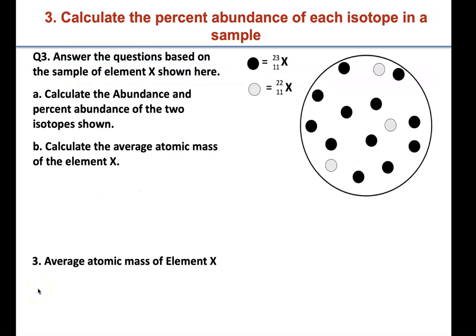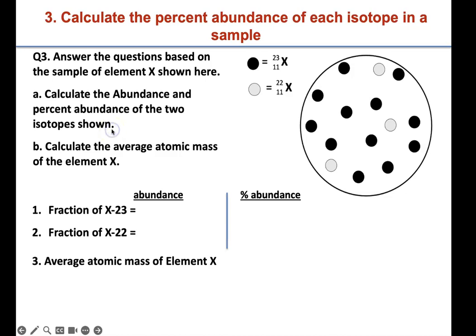So here's a question where you are shown how many atoms of each isotope are in the sample, and you're supposed to calculate percent abundance. So you are given two isotopes in this sample, and you have to count them, X23 and X22. It says calculate the abundance and the percent abundance of the two isotopes shown.